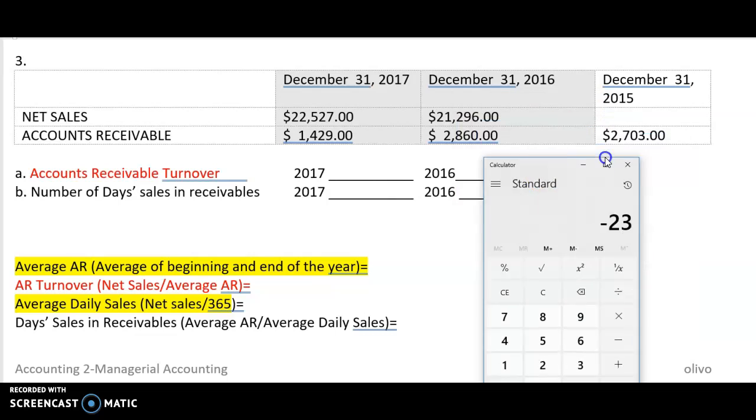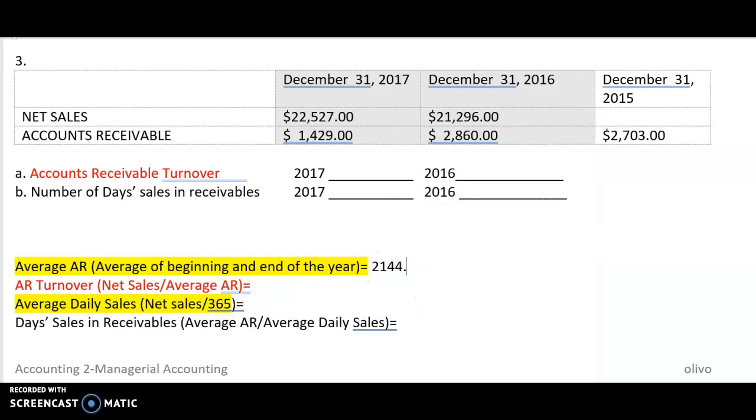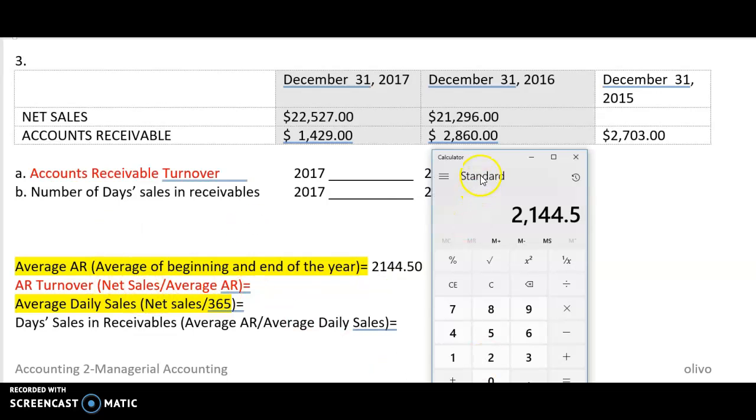But we start out, I'm going to look at the 17 year. So I need to find the average accounts receivable, which is the ending and beginning. So 2860 plus 1429 divided by 2 gives me 2144.50. Okay, to find the average turnover, I need to use that number and find the sales.